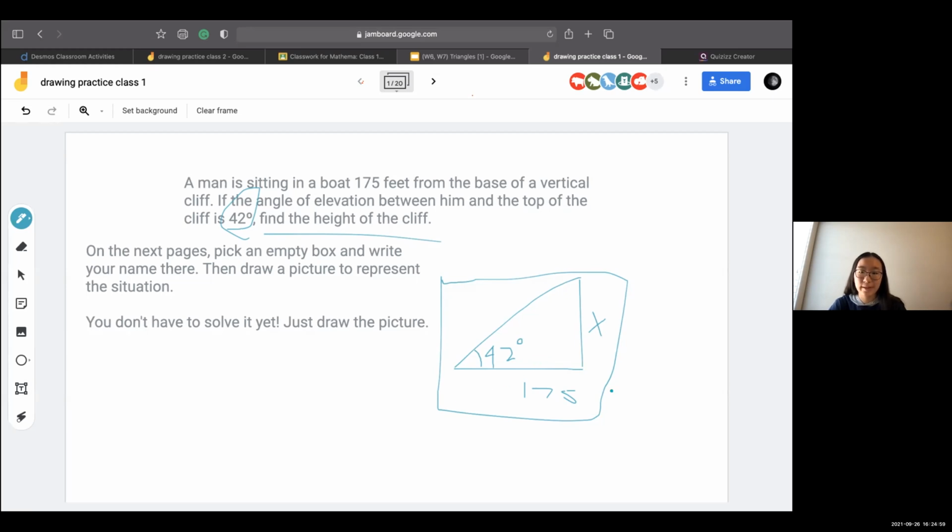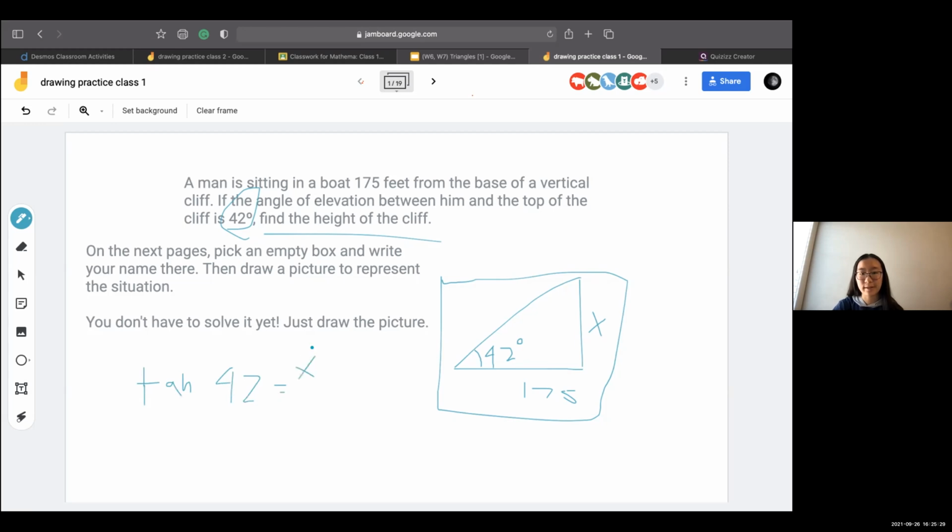So we know the adjacent side, and we're trying to find the opposite side. Which trigonometric function relates the opposite side to the adjacent side? Yeah, exactly, tangent. So the equation we would set up here is the tangent of the reference angle, tan 42, equals opposite over adjacent.